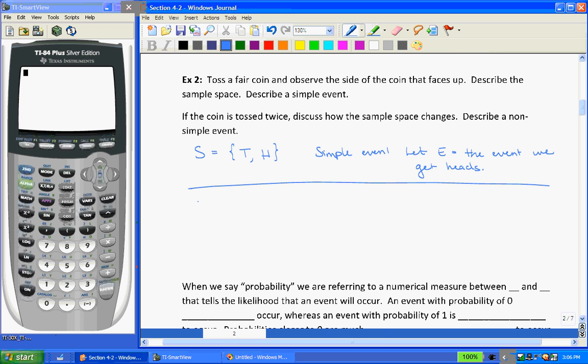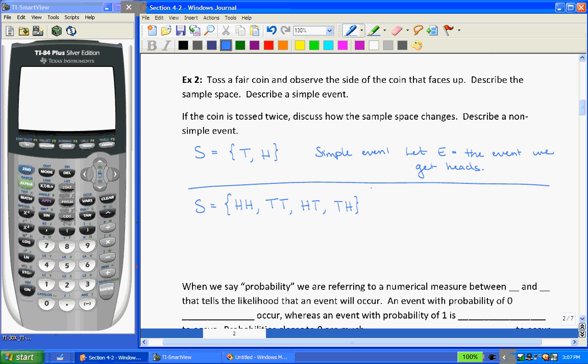So I could either get heads both times, or I could get tails both times. So the first T represents the tails on the first toss, the second T represents tails on the second toss. I could get heads the first time and tails the second time, or I could get tails the first time and heads the second time.